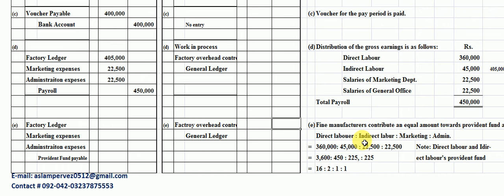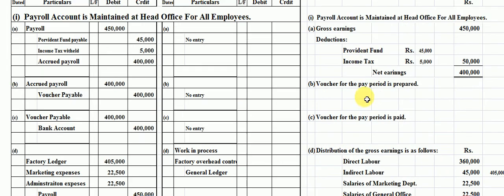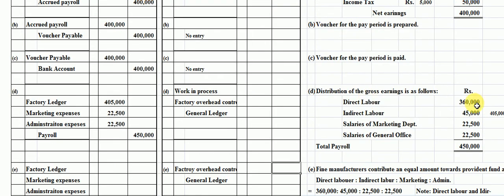For this purpose, we have to make a ratio between their costs, like direct labor cost, indirect labor cost, marketing cost, and admin cost here. Dear students, the direct labor cost is 3,60,000 rupees here. Indirect labor cost is 45,000 rupees here.